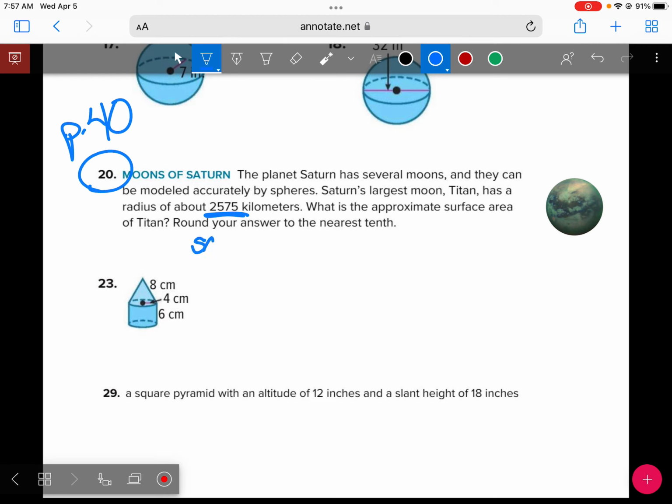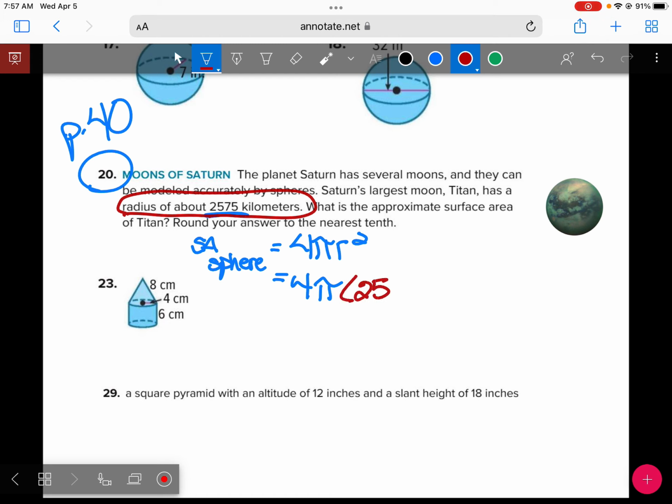So surface area for a sphere is equal to 4 pi r squared. So we're talking about squaring a large number here. So that's 4 times pi times my radius. All I need to do is substitute that in, 2575 squared.